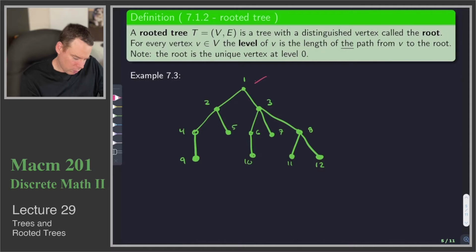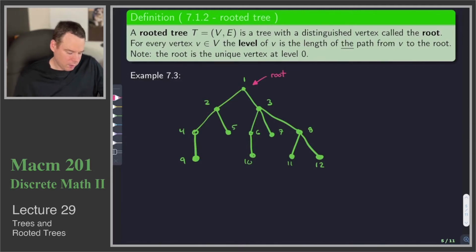This is what we're calling the root, the one we've distinguished for this particular tree. For any other vertex, there's a unique path back up to the root. For example, for vertex 6, there's a unique path that goes to the root. For vertex 9, there's a unique path that goes to the root.